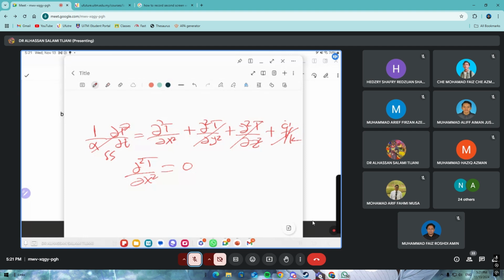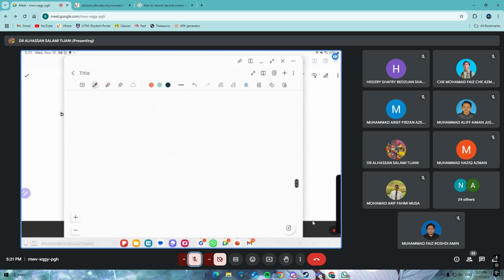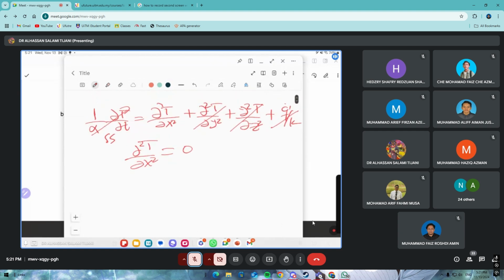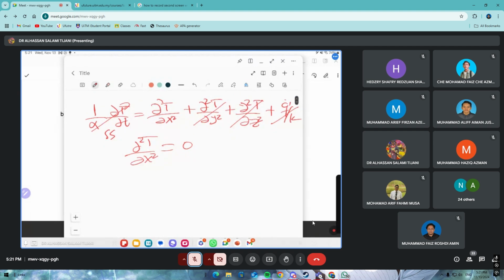So what are we supposed to do next? Now we need to apply integration. If I integrate this function with respect to x, this gives me dT over dx equals C1. So again, we integrate again.